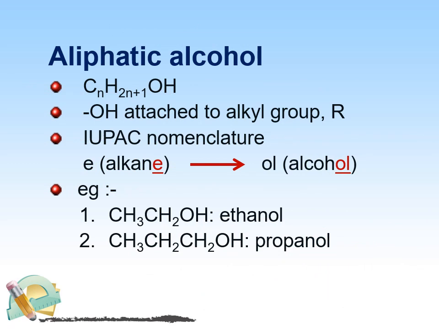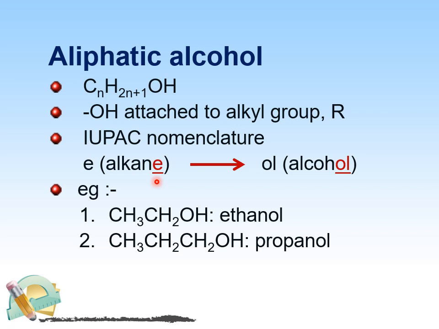The general formula for aliphatic alcohol is CnH2n+1OH, whereby OH will be attached to alkyl group R. The IUPAC nomenclature of this compound is having -ol at the back to replace -e for alkane.